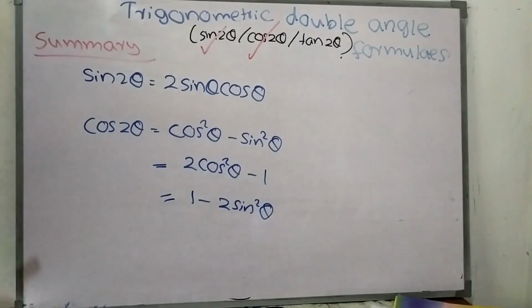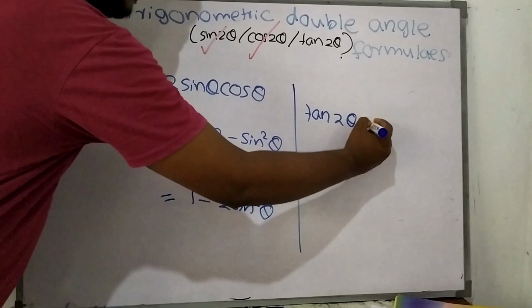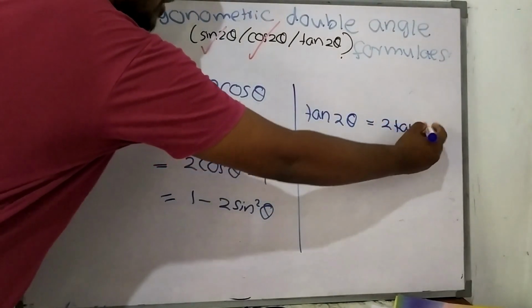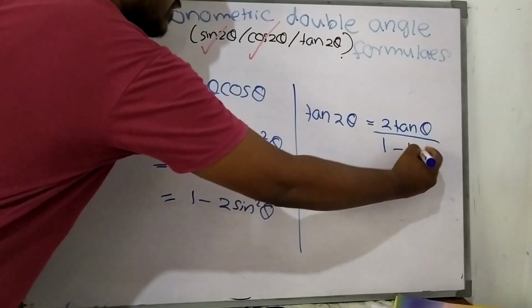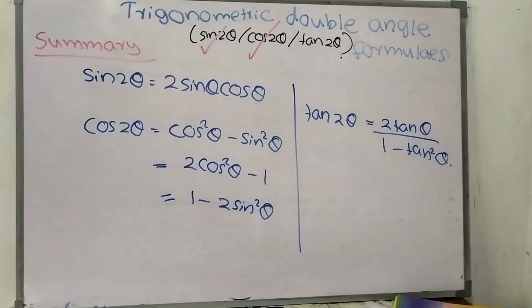The next one is tan 2 theta, which is 2 tan theta over 1 minus tan square theta. This is the summary of all double angle formulas in trigonometry.